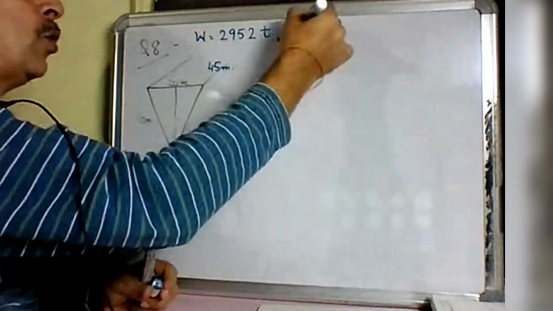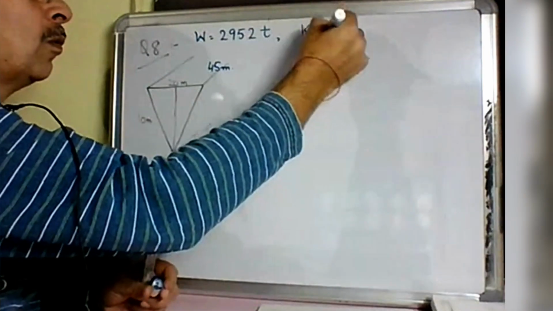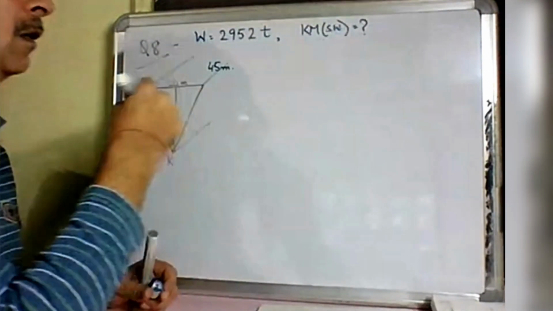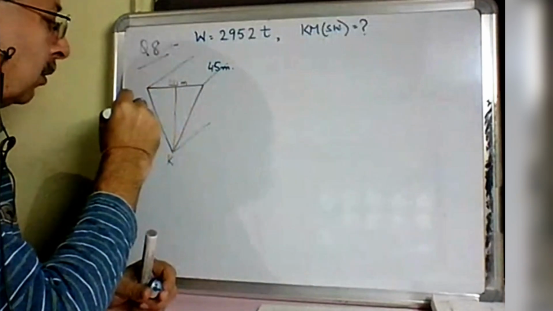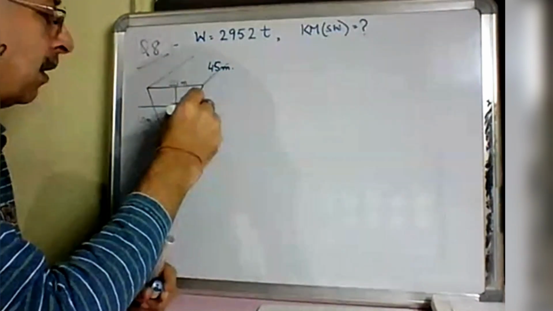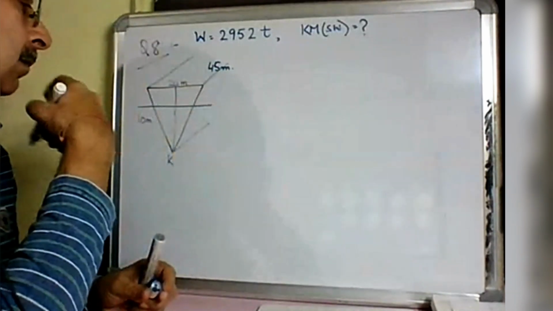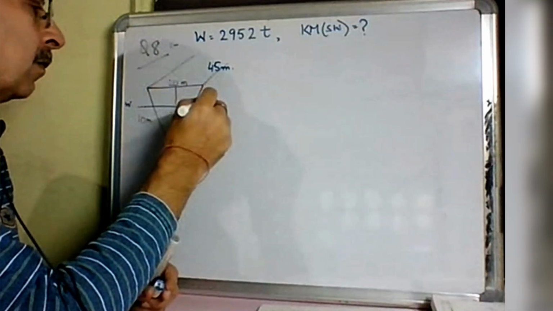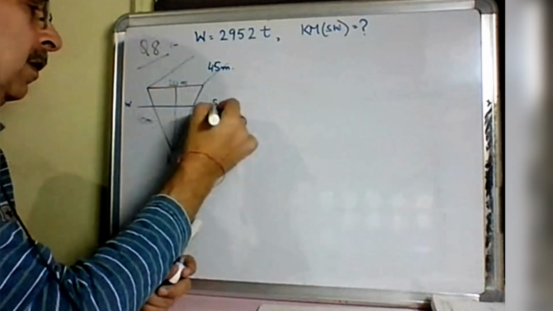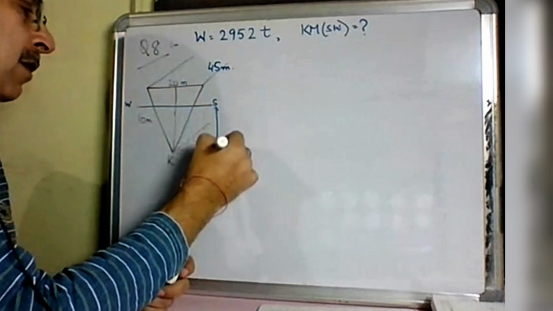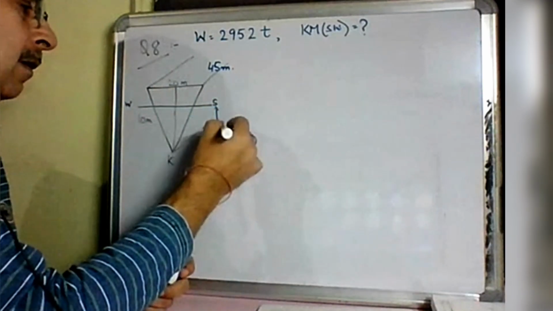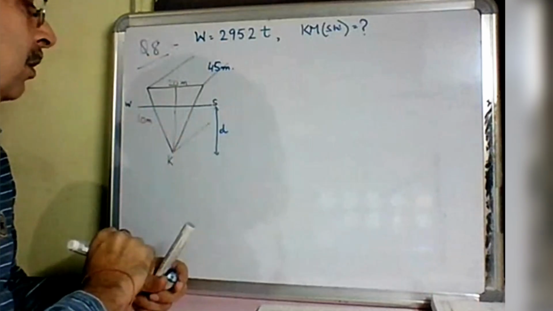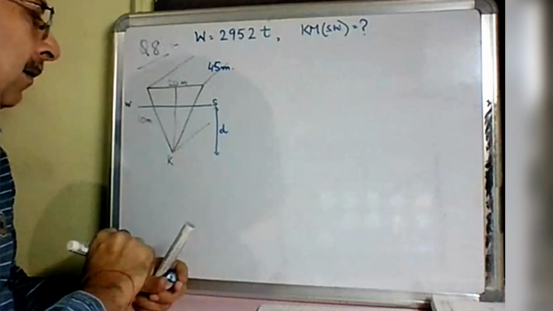We have to find the KM in salt water. Draft is not given. So let it float at a certain draft. This is the water surface. Let it float at draft D.